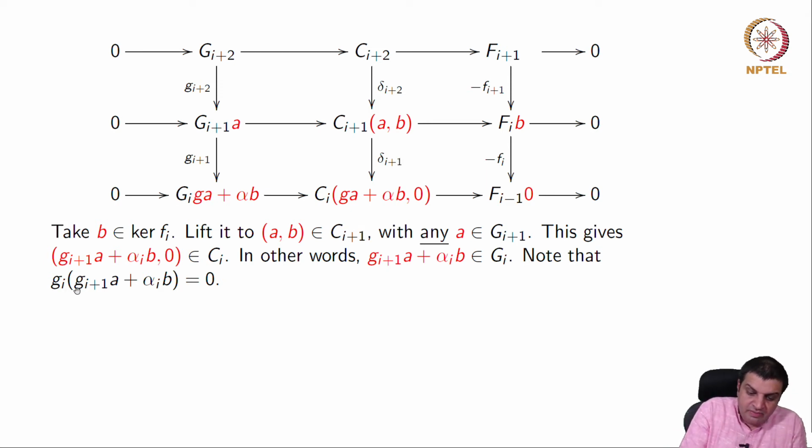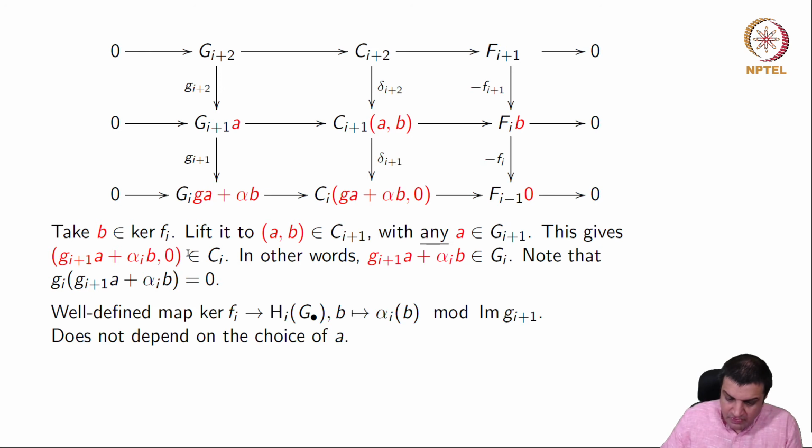One can just check, this is just two consecutive maps in a complex. And for this factor, one has to use that the diagram commutes. G i alpha i b is some alpha f b, but f b is 0, so one gets 0 here.